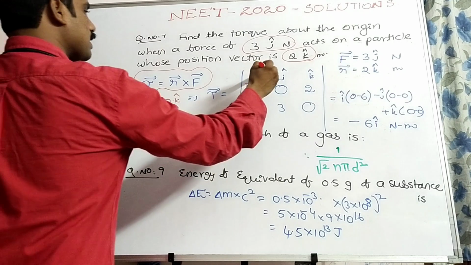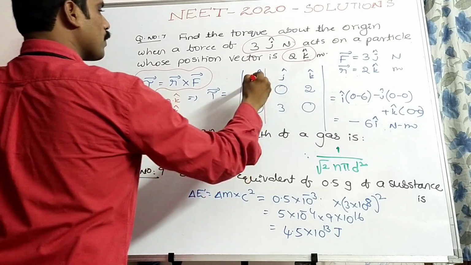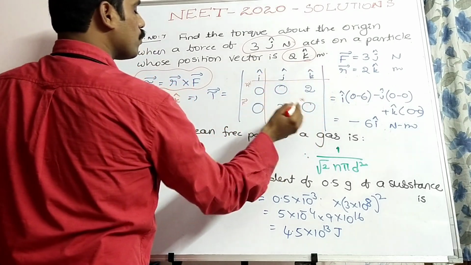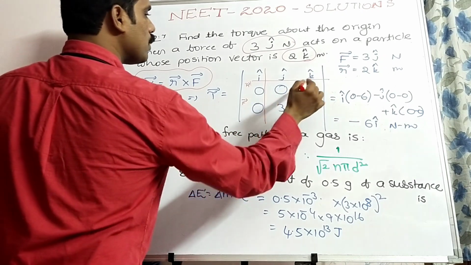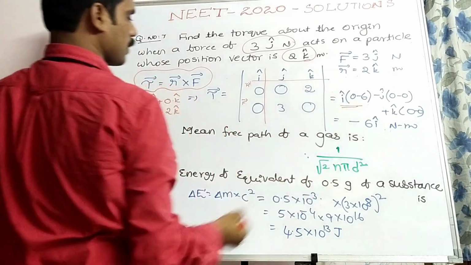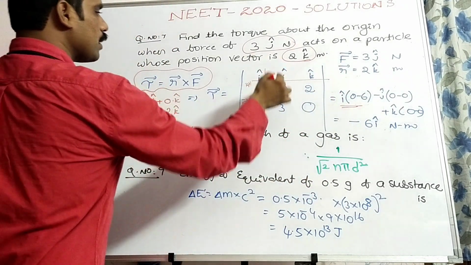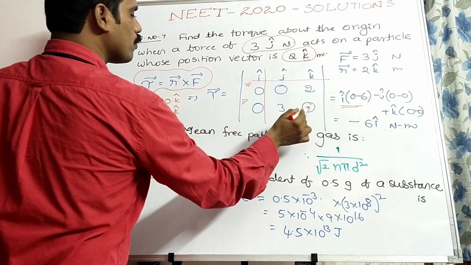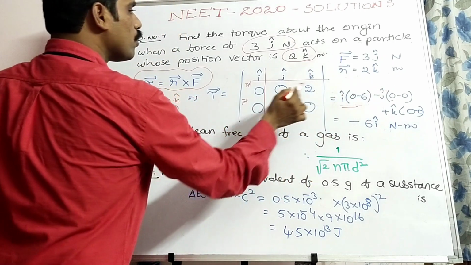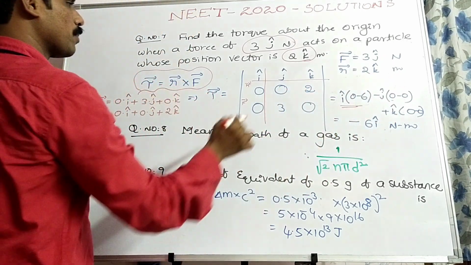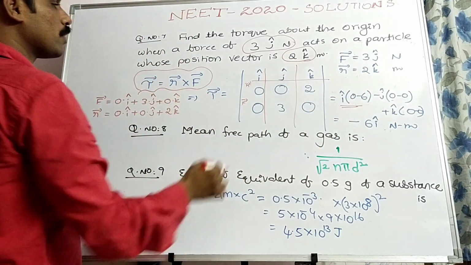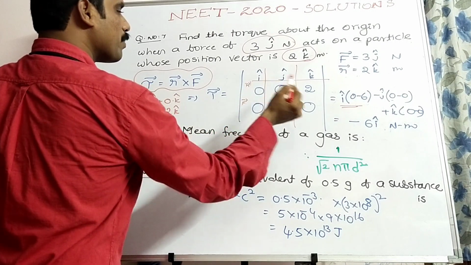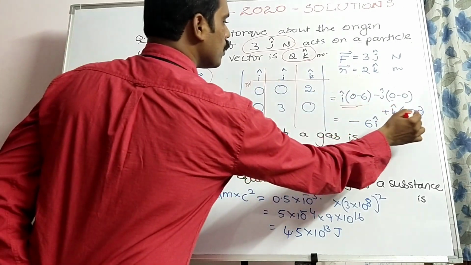So by taking the first column, first row, I cap into 0 into 0 minus 3 into 2, minus J cap into second column, first row, 0 into 0 minus 0 into 2, plus K cap into 0 into 3 minus 0 into 0.